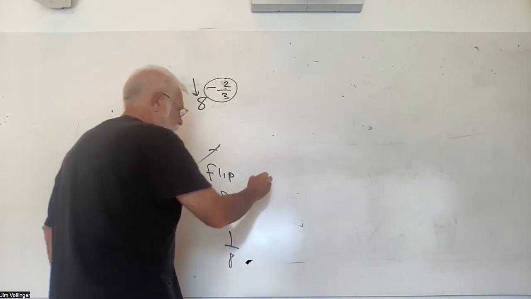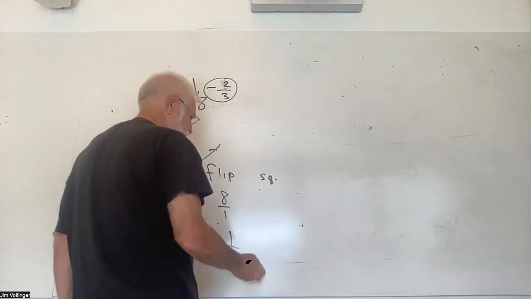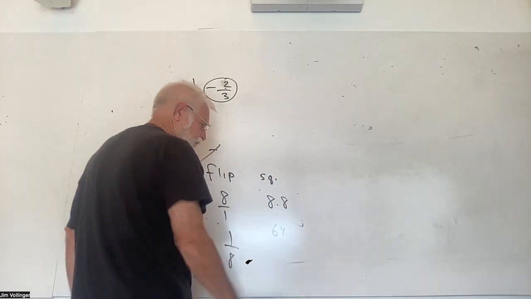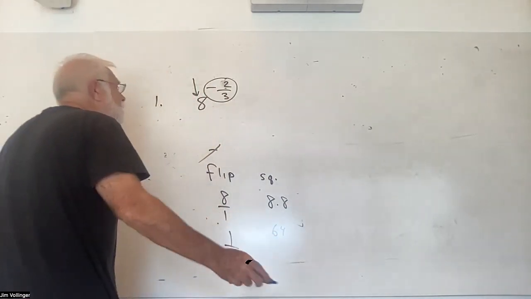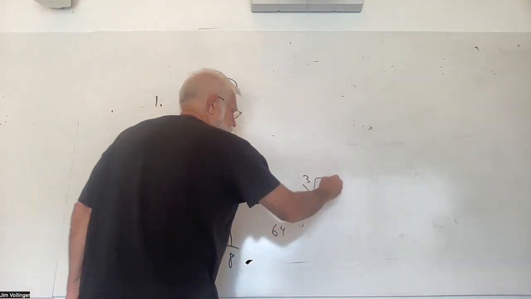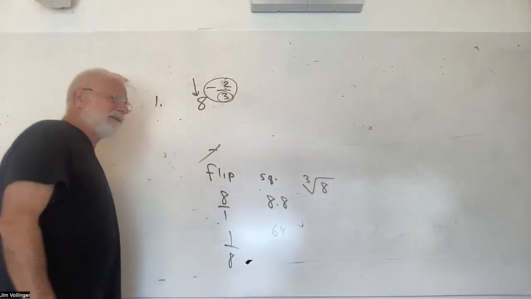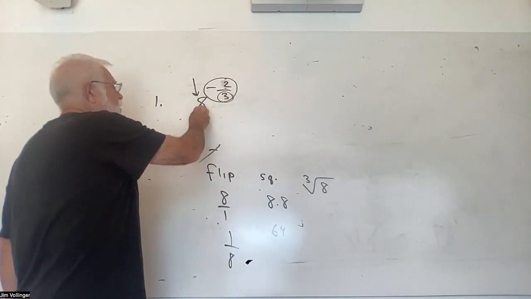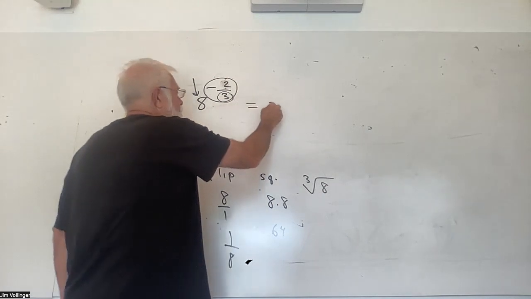What's squaring? I shouldn't have to explain that. That's doing 8 times 8. That gets us 64. Okay, that's doable. And what is the 3? The 3 is cube rooting. Okay, I like to go small then big. So I'm going to do the cube root of 8, which is 2.